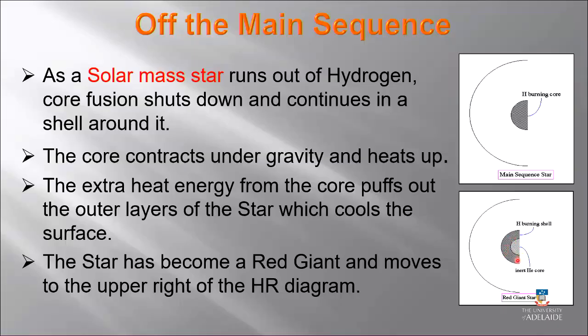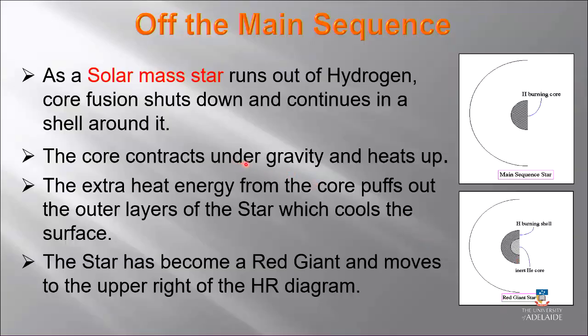This produces an enormous amount of energy, which puffs out the outer layers, and the star expands and cools off as it does so. It goes from yellow, like the Sun, to red, and it's much bigger, so that's why it's called a red giant.